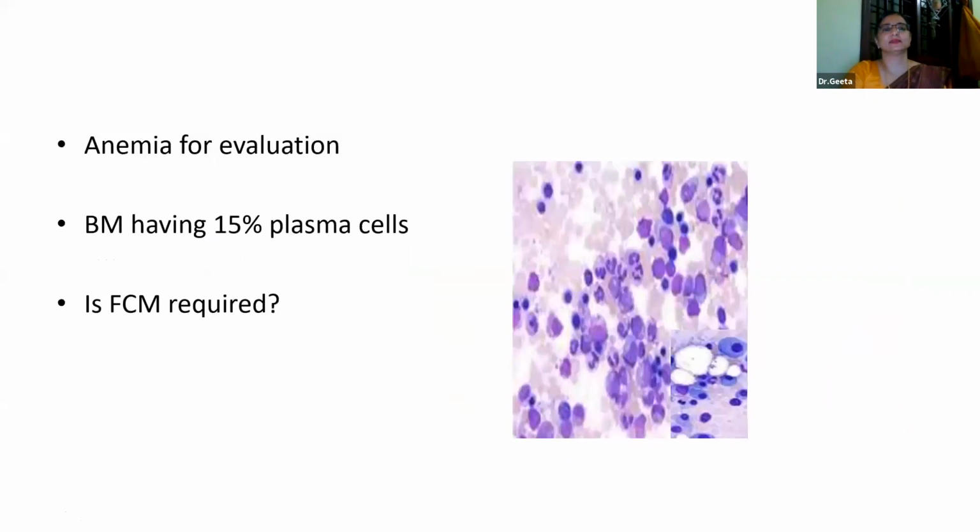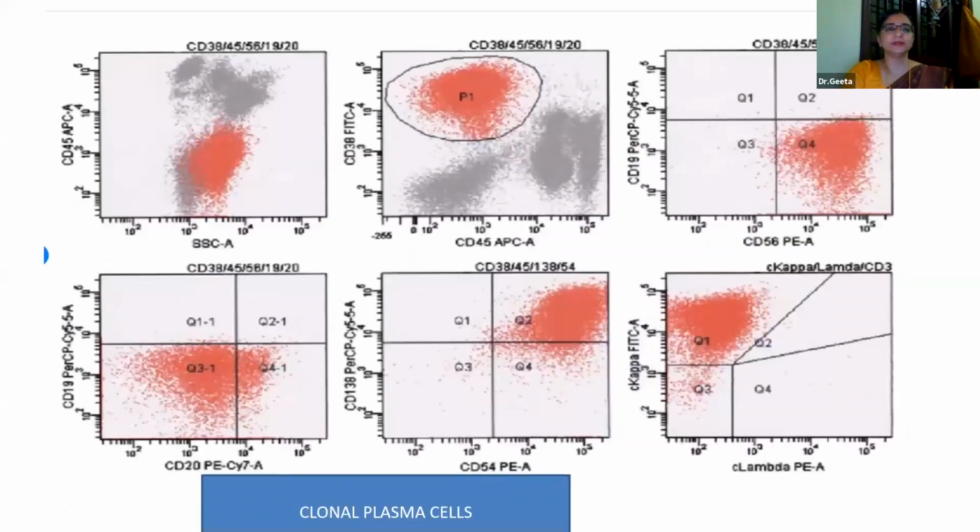Next is a person who came for anemia evaluation, has got a few plasma cells in his marrow. So here FCM is required to establish the clonality of these cells.